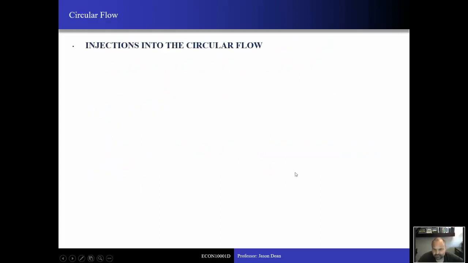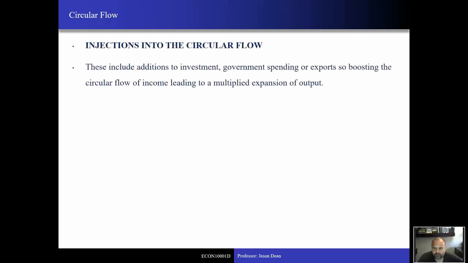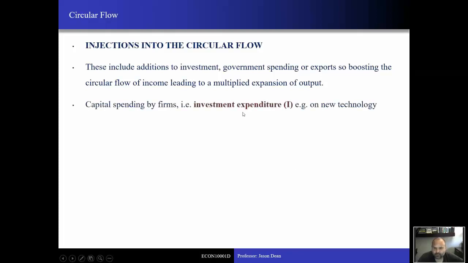Now, injections into the circular flow. When we think about savings, savings can be used to provide funds for businesses to invest. So the corresponding injection to the leakage of savings is investment expenditure.